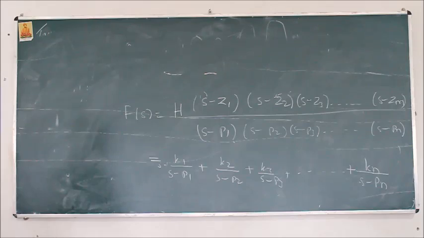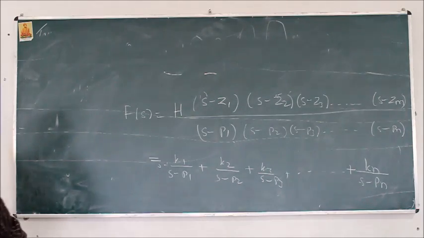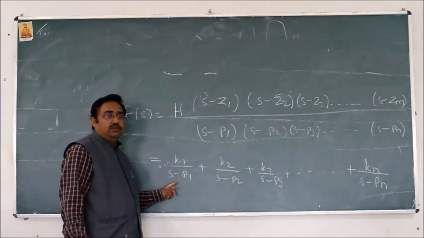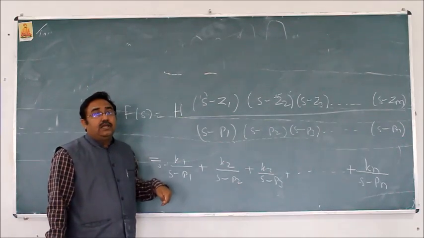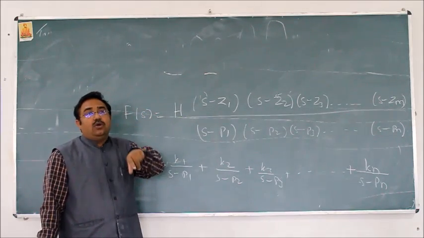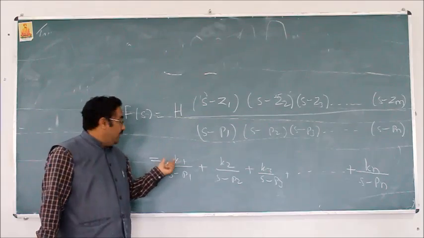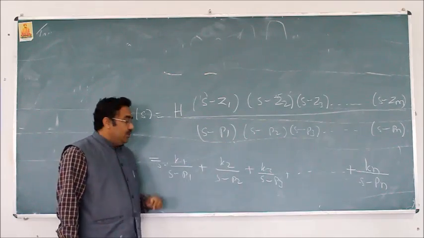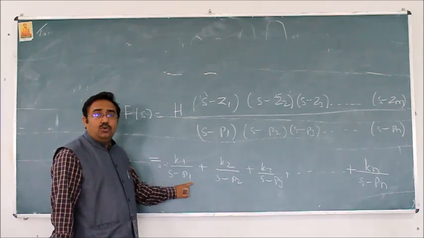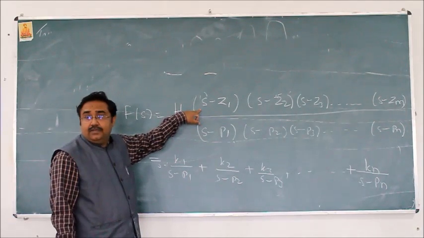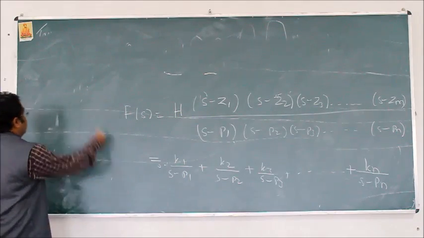Now, in determining the residue, I am again repeating in a generalized form, because this will be useful in understanding how from the graph we calculate this K1, K2 and K3. So conventionally, you substitute S equal to P1. When I substitute, what will I get?